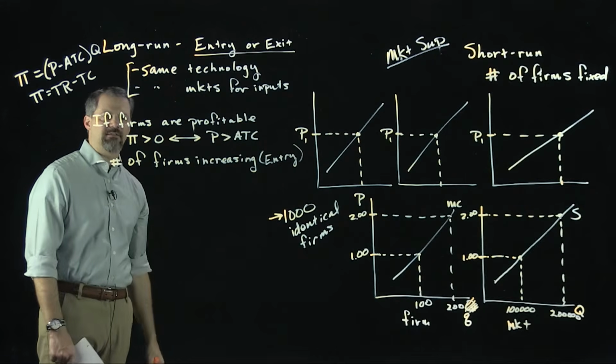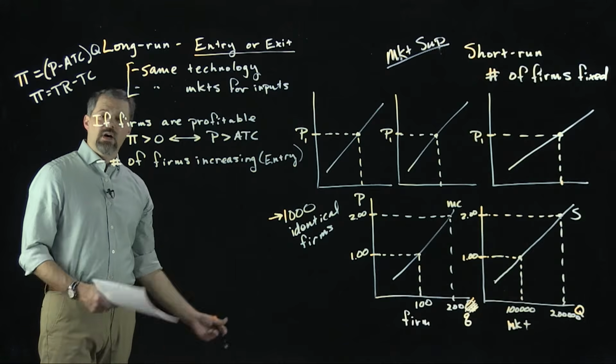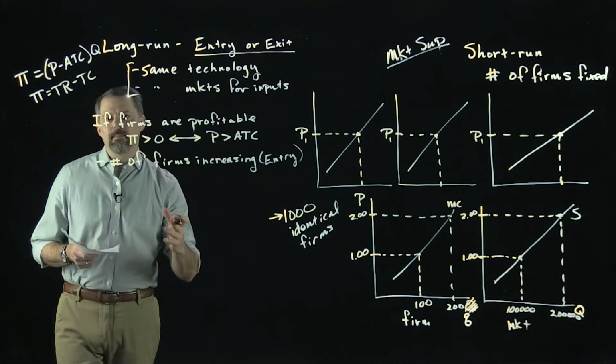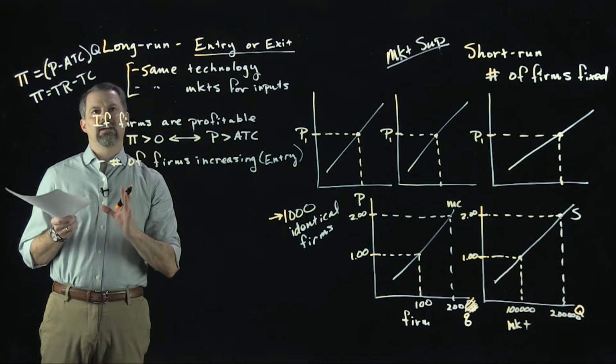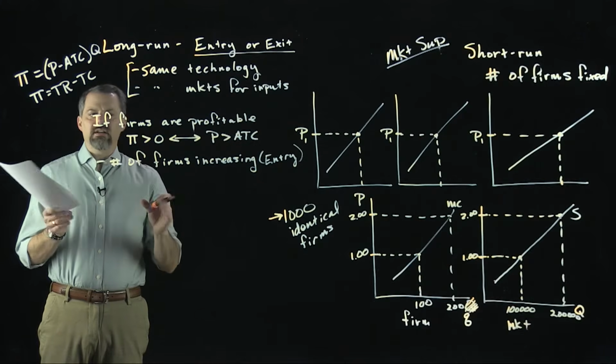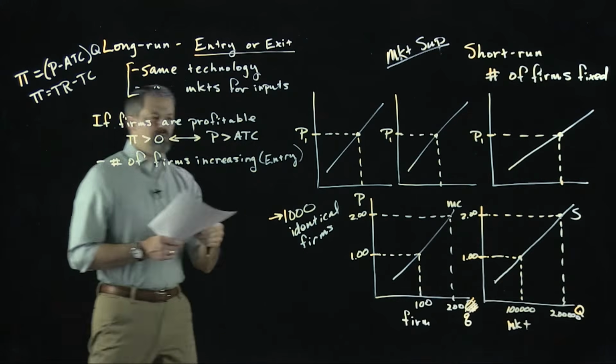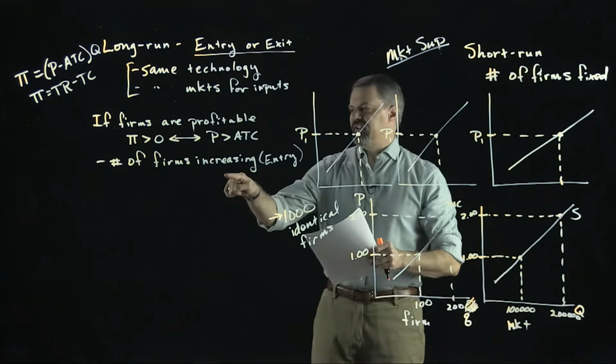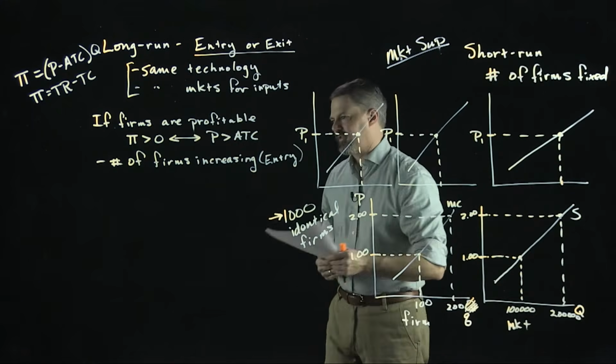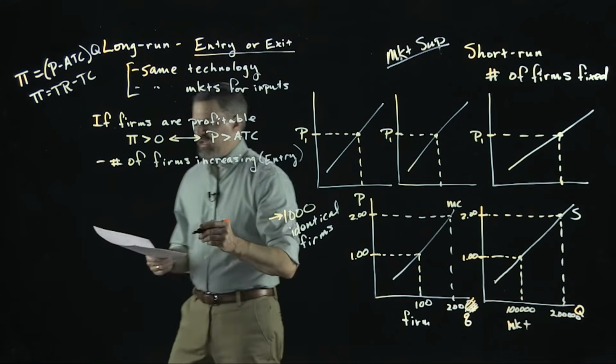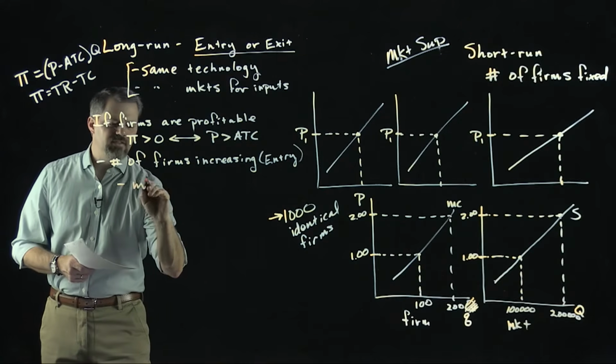Enter a market if firms are profitable. Well, if the number of firms is going up, think back to what happens in the market if the number of firms is increasing. Remember that the number of firms is a determinant of the market supply curve. So if the number of firms is going up, this means market supply is increasing.